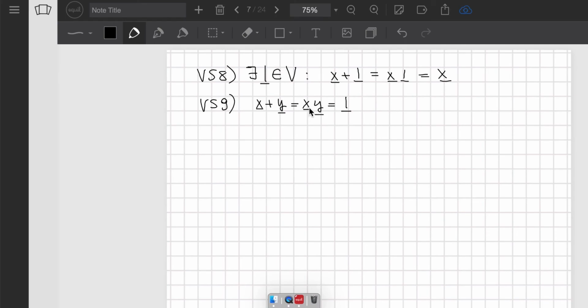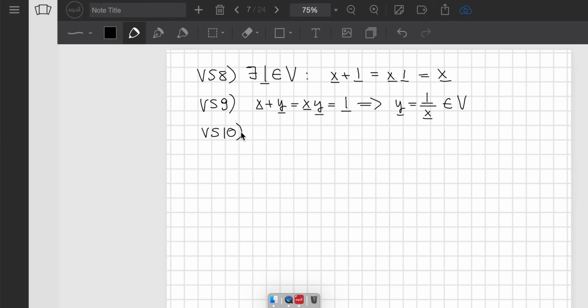Since neither of the two can be equal to 0, because these are positive real numbers, we can simply say that the additive inverse y is 1 over x. And this exists for every vector x, and it also belongs to the vector space V, because x is a positive real number, and 1 over a positive real number is a positive real number. So the additive inverse is 1 over x.